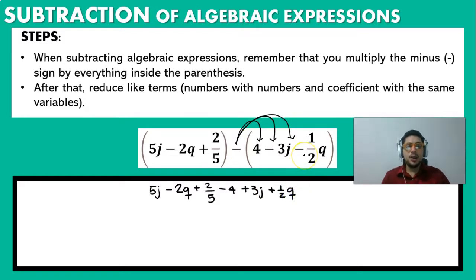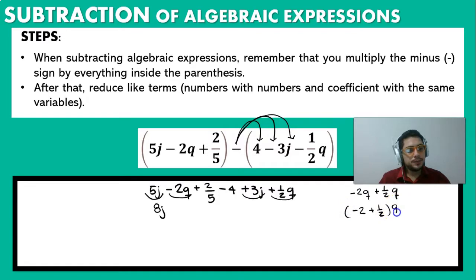Okay? Now, we're going to reduce the like terms because that is step number 2. So we have 5j plus 3j, and that is going to be 8j, minus 2q plus 1/2 q. So minus 2 plus 1/2, and then q.